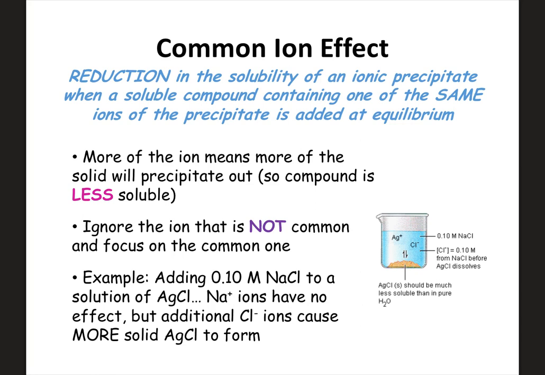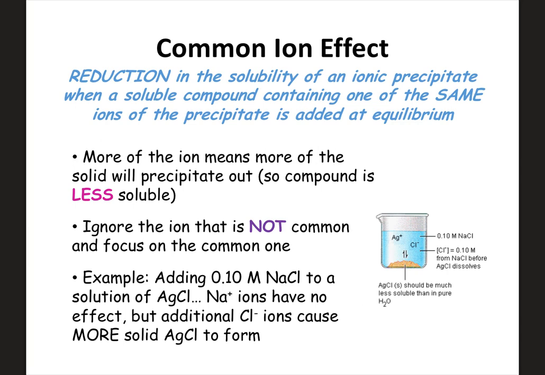So basically, you are adding a substance that has an ion in common with the precipitate you're looking at. And that will therefore lower the solubility of your substance. So it won't be as soluble because of that common ion that's there. So anytime you see a similar ion being added to your precipitate here, you are always going to have a reduction in the solubility. So we ignore the ion that's not common and focus on the common one.